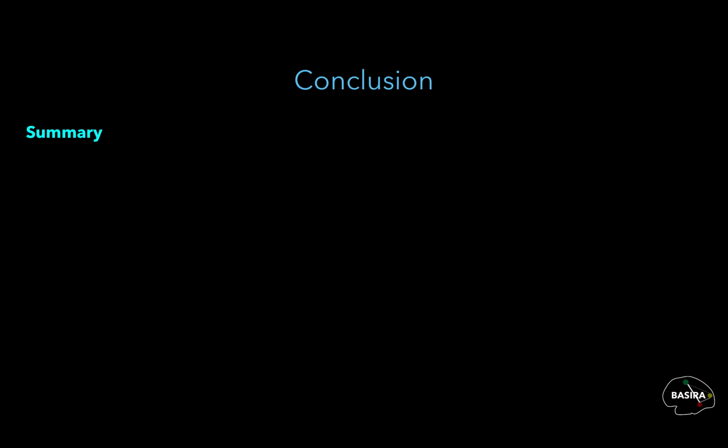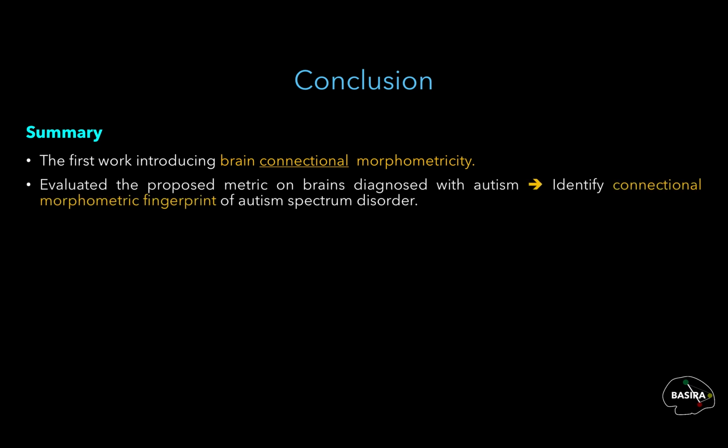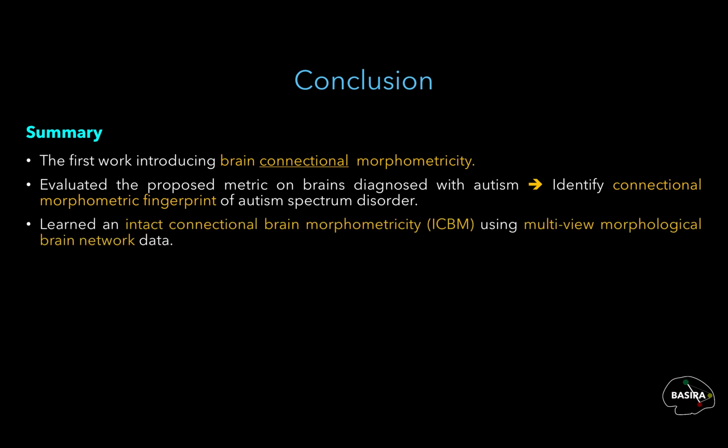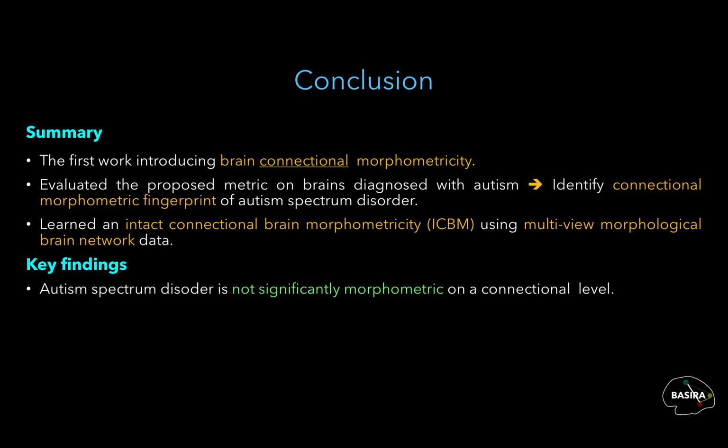In this paper, we presented the first work introducing brain connectional morphometricity. We evaluated the proposed metric on brains diagnosed with autism, and specifically, we learned an intact connectional brain morphometricity using multi-view morphological brain network data. Our ICBM showed that autism is not significantly morphometric on a connectional level.